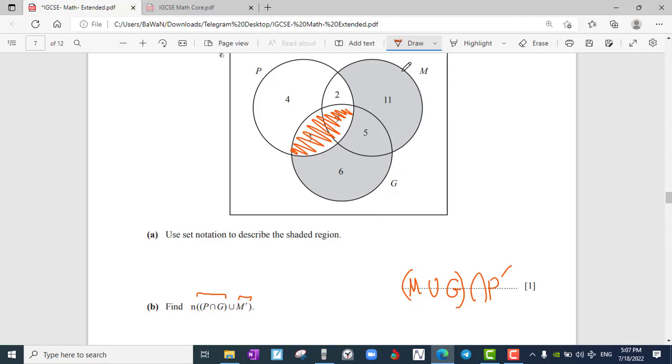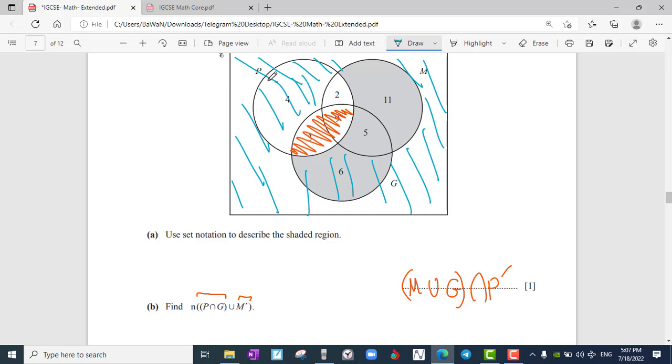M prime is everywhere except M. Since it's union between the blue marked region and the orange marked region, the whole shaded area is the answer, but we need to find the number of elements in this whole shaded area.